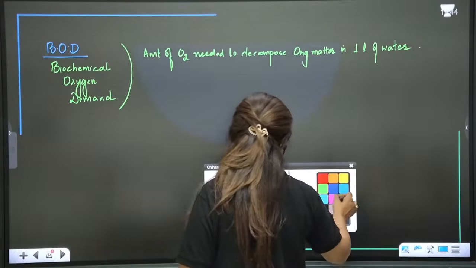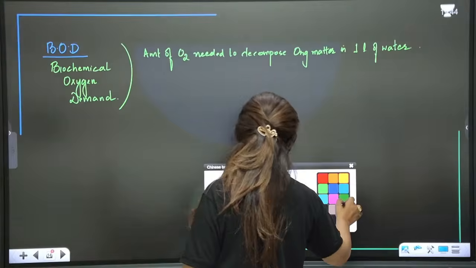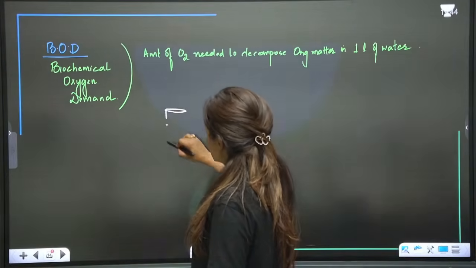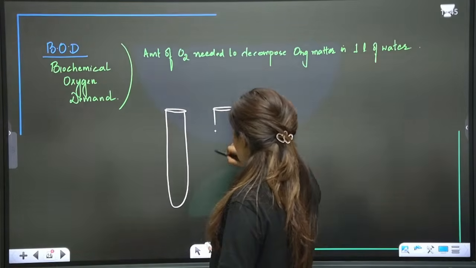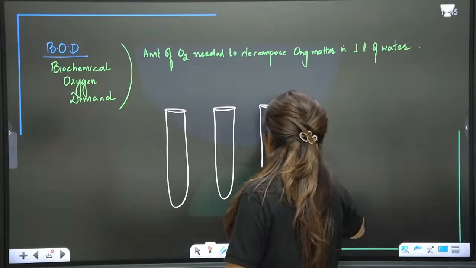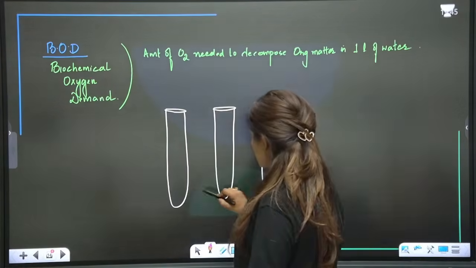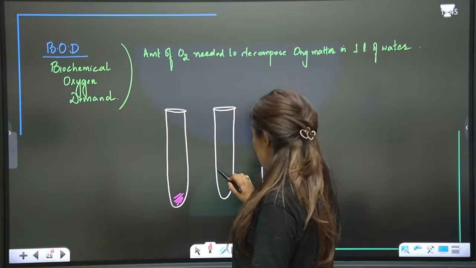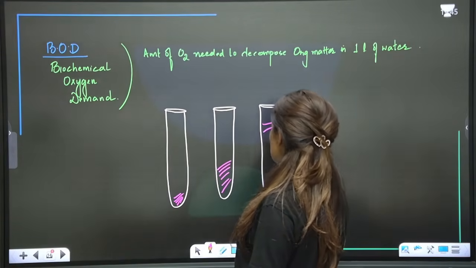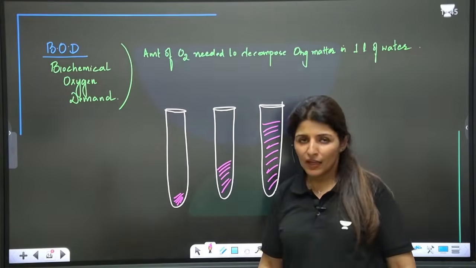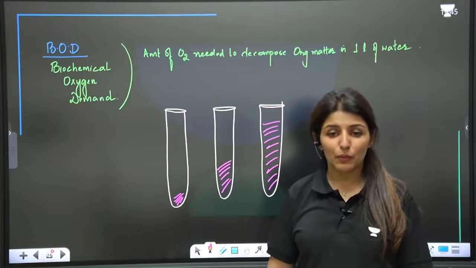Now just understand what is the process going on. In very simple words, let's take an example. Let's say I've taken test tubes, and in each test tube there is a different amount of organic matter. This one has this much, and this test tube is full of organic waste. We know that decomposition is an aerobic process.